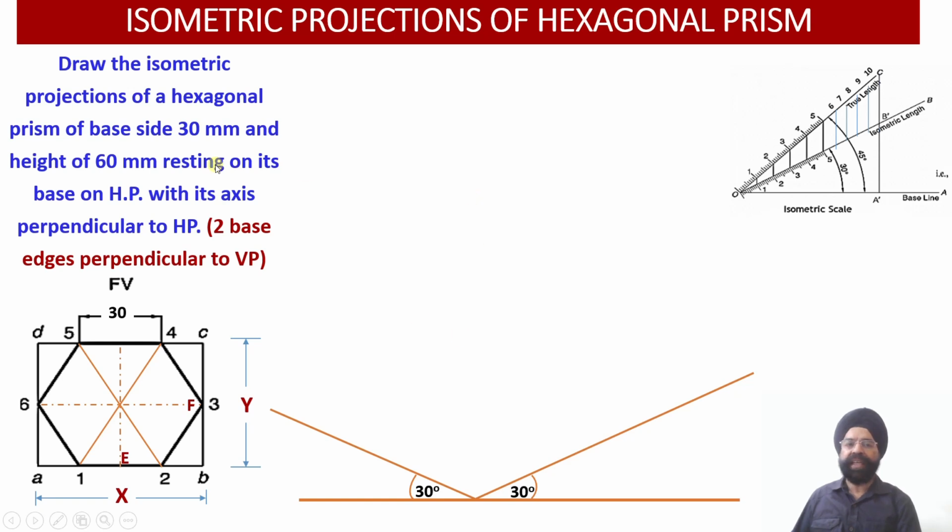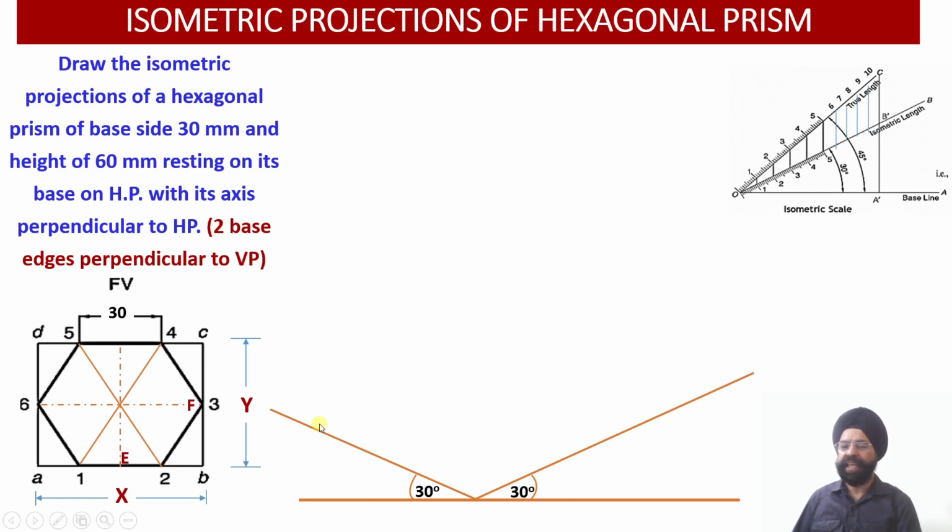Now we know that this hexagonal prism is resting on its base lying in the horizontal plane. So this hexagon shape is to be drawn on the horizontal plane. On the horizontal plane means that the rectangle we have drawn, which inscribes this hexagonal shape, this rectangular figure A, B, C, D, will be drawn along the x-axis and the z-axis.